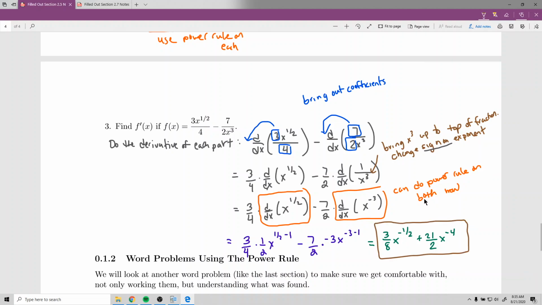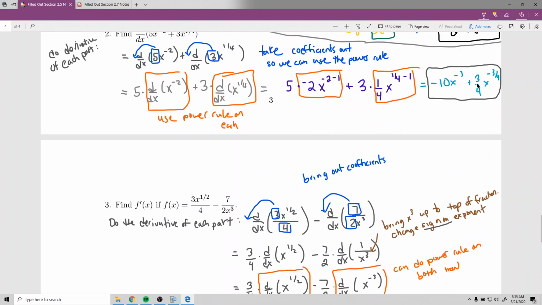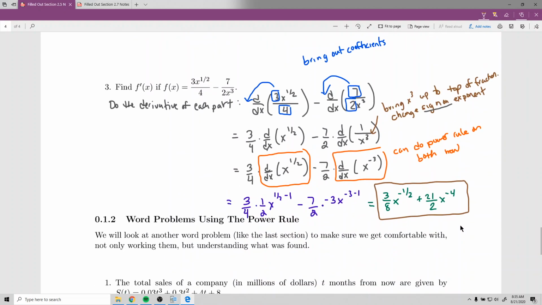One thing I guess I didn't mention in the previous one: even though exponents were negative, you have no obligation to rearrange them and make them positive. This is simplified and good. One thing you will see as we work through and have more and more derivative rules is that the final answer will almost look like it's factored in a lot of problems, and people want to unfactor them.